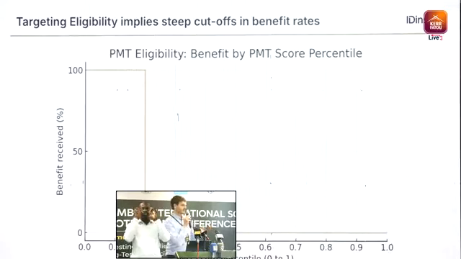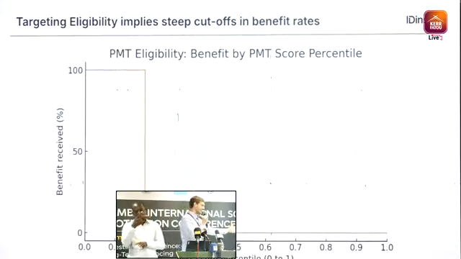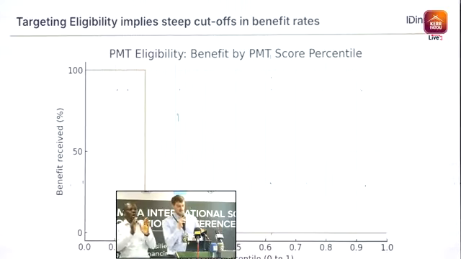But eligibility criteria just mean that some percent of the population receives access to a program or a service while another part does not, and we need to determine those cutoff rates in a very equitable way. And I'm illustrating this just here for a hypothetical program where we're trying to target the poorest 20% of the population, here generated by the PMT score, the proxy mean test score.